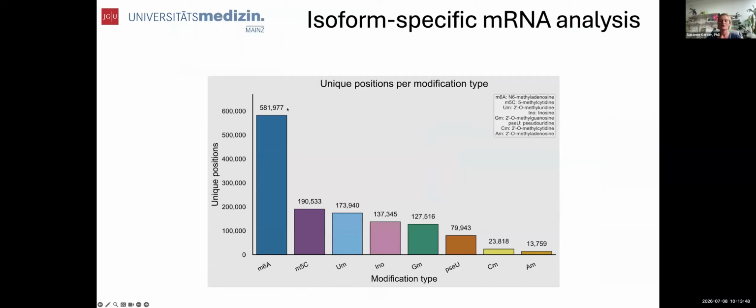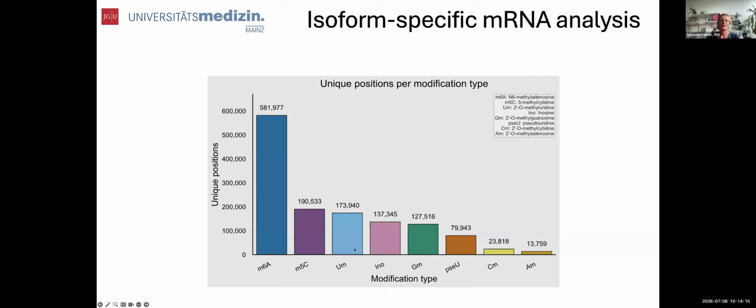Unique means that one modification position was found in at least one of the 155 subjects. Here we ended up with almost 580,000 modifications for m6A and almost 200,000 for m5C. We also predicted inosine, pseudouridine, and the 2'-O-methylations.